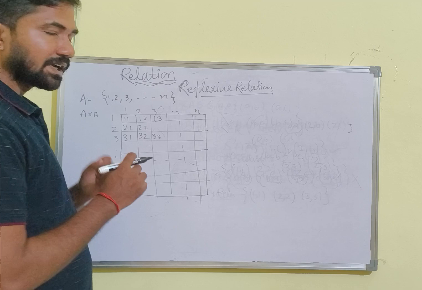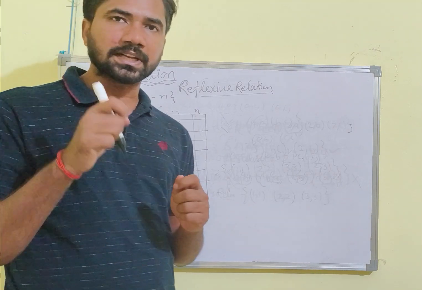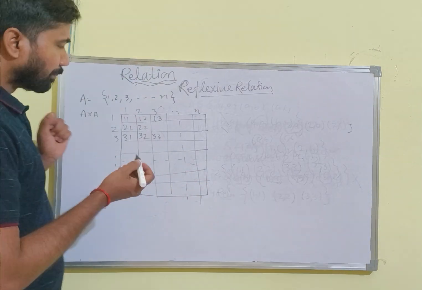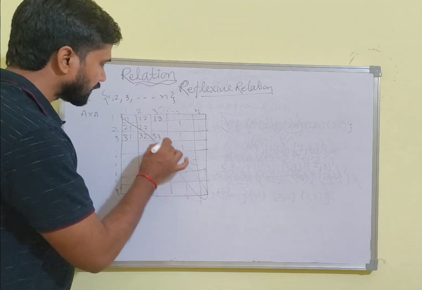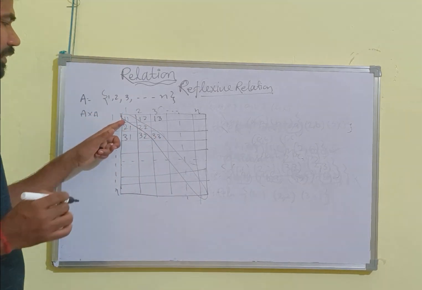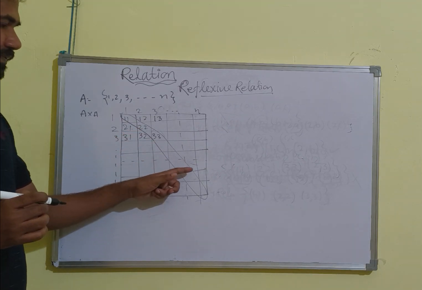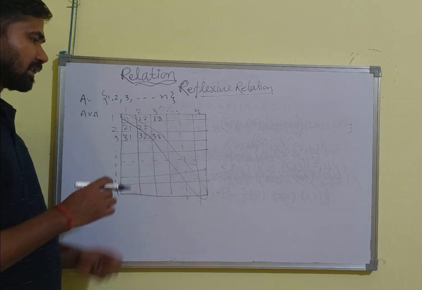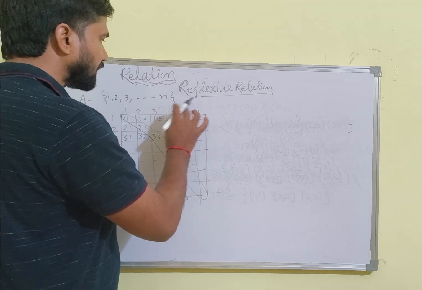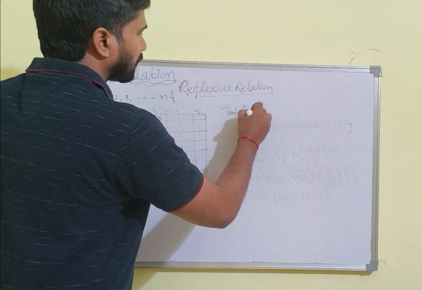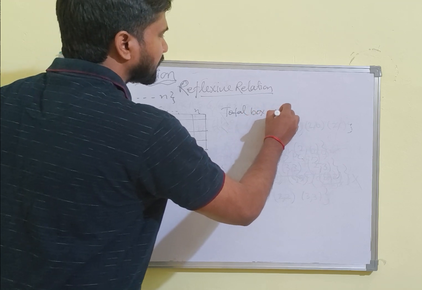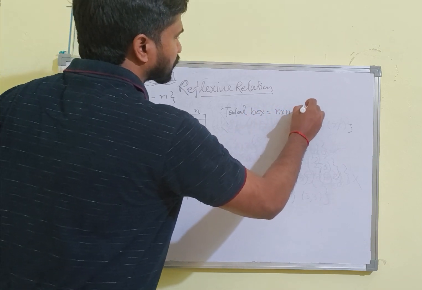See, for reflexive we have seen that each and every element related to itself must be there. It means the total diagonal must be there: (1,1), (2,2), (3,3), (4,4), up to (n,n) must be there. So total number of boxes is how many? n into n, that is n square.